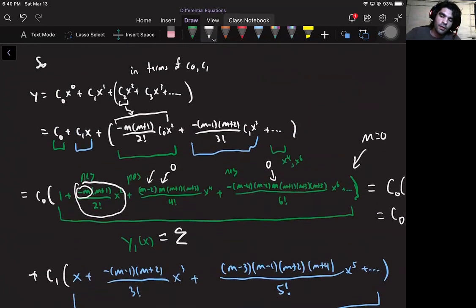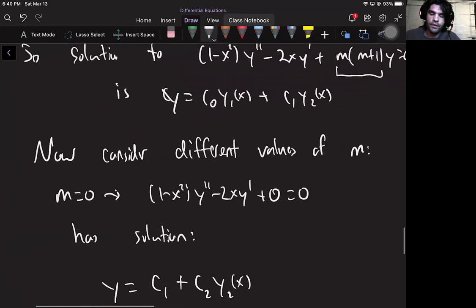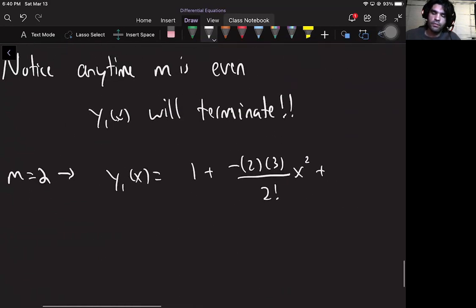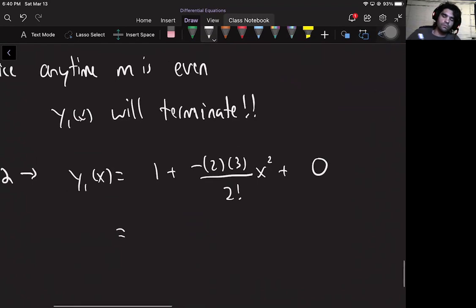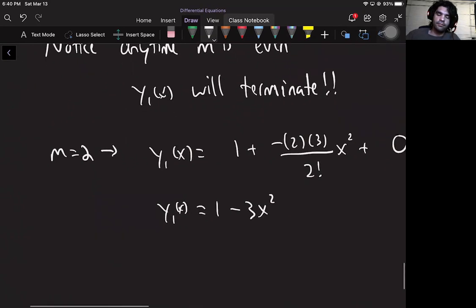So if I plug 2 in there, that becomes 0. And that m minus 2 will be in all the rest of them. So the rest will become 0. So y1 just becomes this, which we can reduce a little bit.